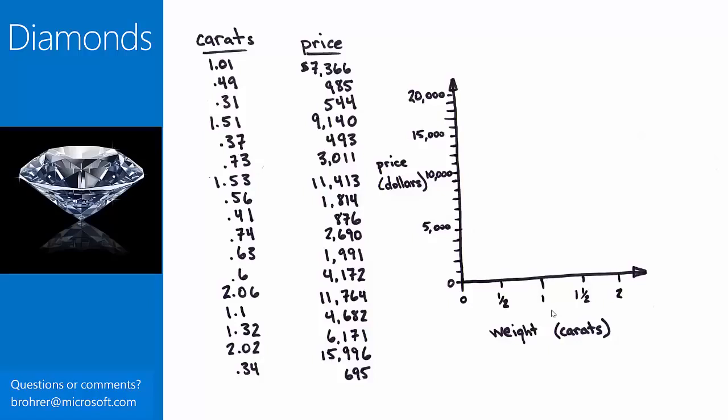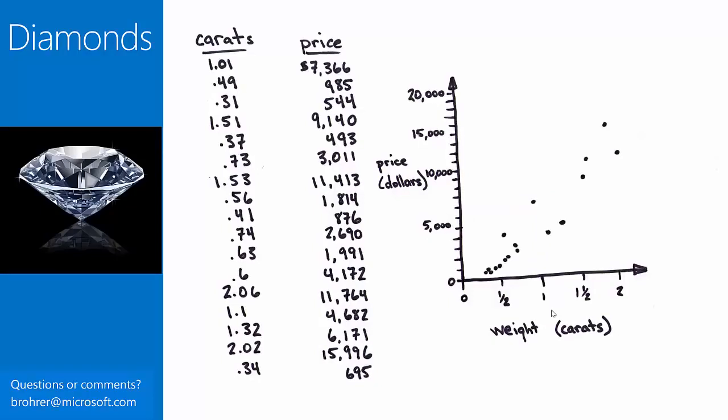And I look at my very first data point, 1.01 carats, and I eyeball a vertical line from 1.01 on the carat line, price $7,366. I eyeball a horizontal line from 7,366. Where they meet, I put a dot. That data point, literally the dot, represents the first diamond on my list. I can do this again and again for every diamond on the list. And I get something that looks like this.